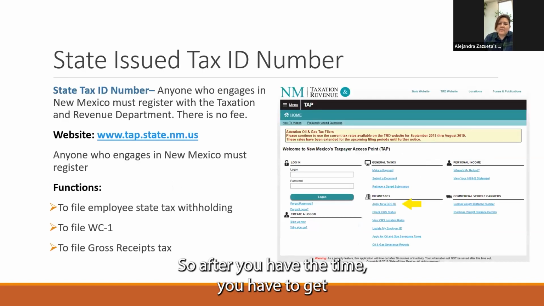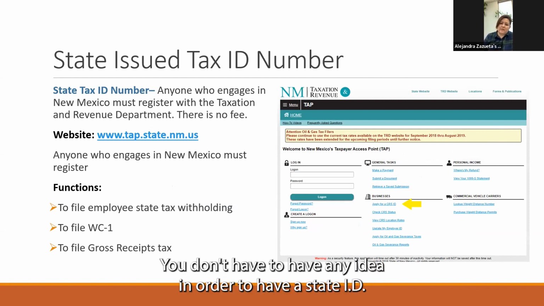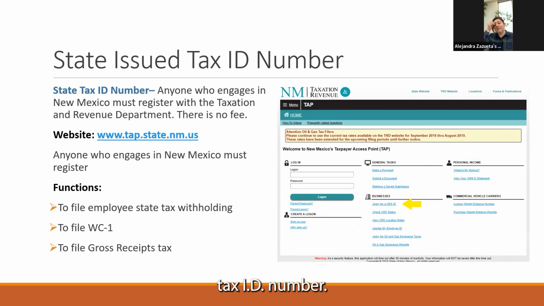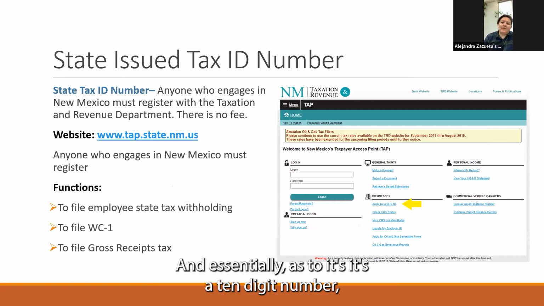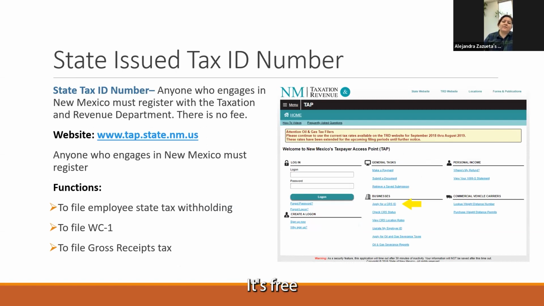After you have the EIN, you have to get, well, they don't have to be in that order. You don't have to have an EIN in order to have a state tax ID number. This is provided by New Mexico. It's a 10-digit number, I believe, if I remember correctly. You also apply online, and it's free.